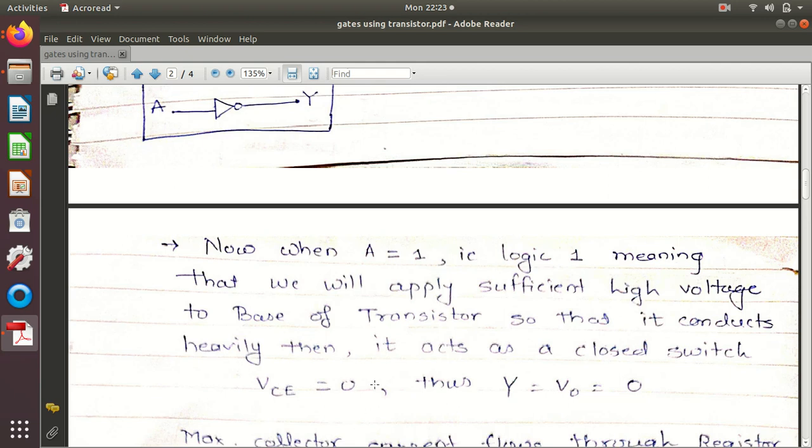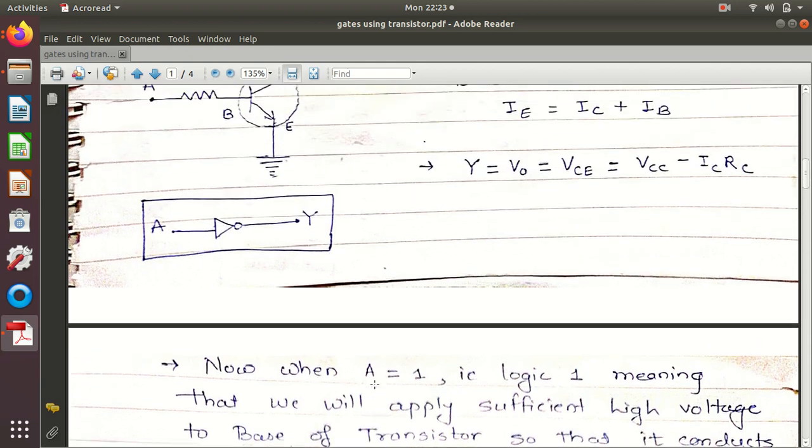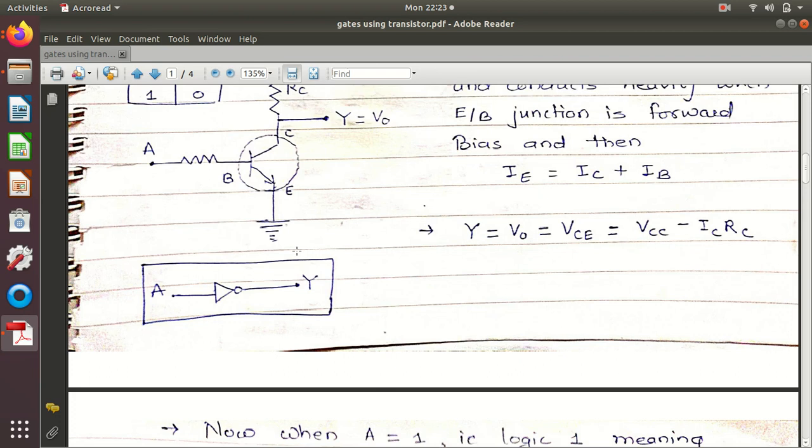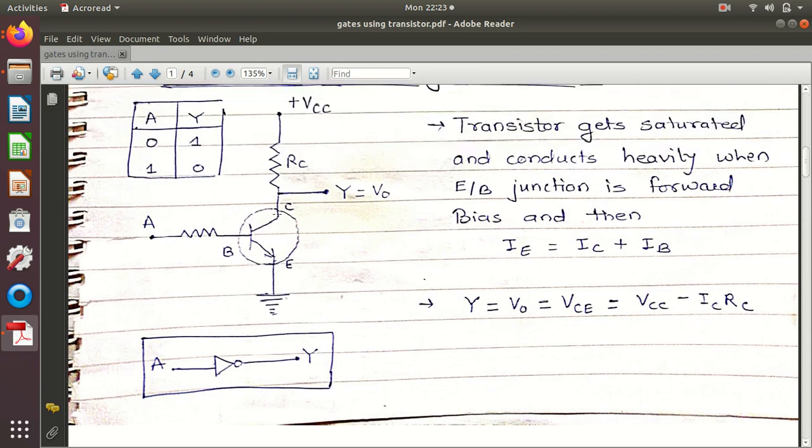In this condition, the current flowing through this circuitry, ICRC, is equal to VCC, because here the voltage drop across the transistor is 0.